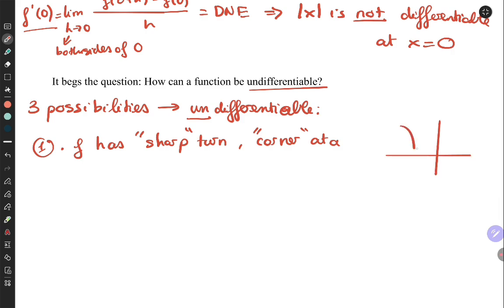Maybe this. There. That number A is not differentiable.